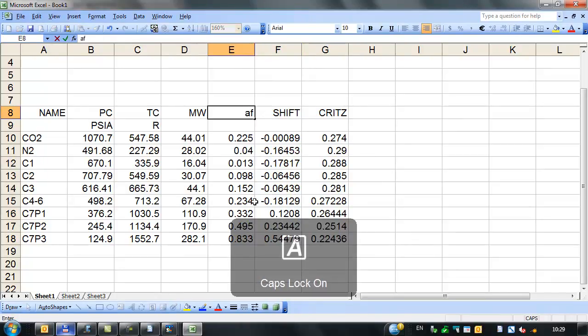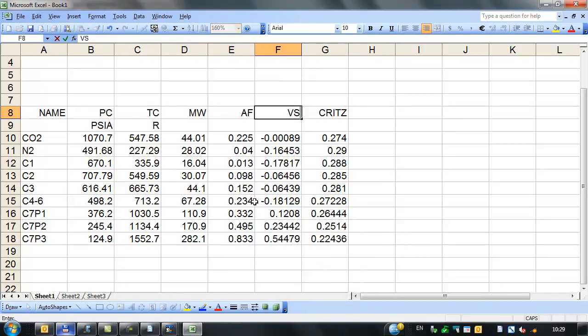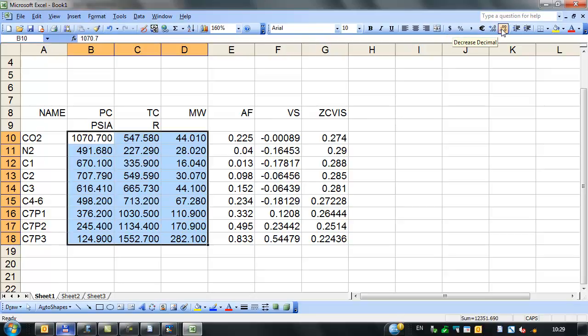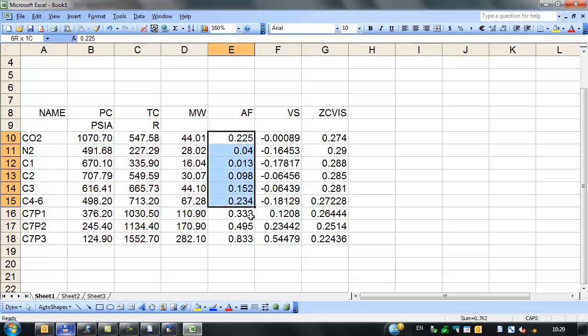In phase comp, this is called AF, volume shift, and ZC. Those are the ones we need. Okay. Make sure we got enough digits. We look at whether the rightmost is 0 and get rid of it. Rightmost is 0.